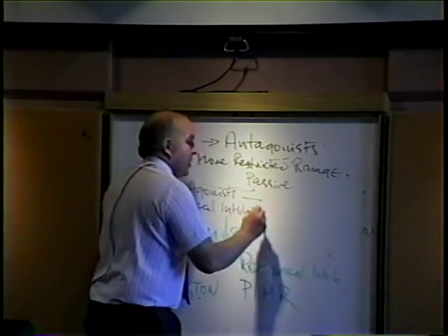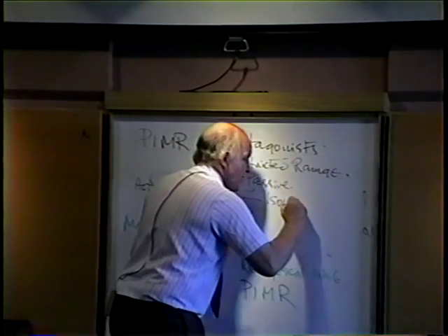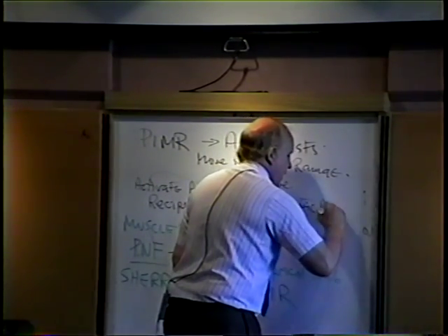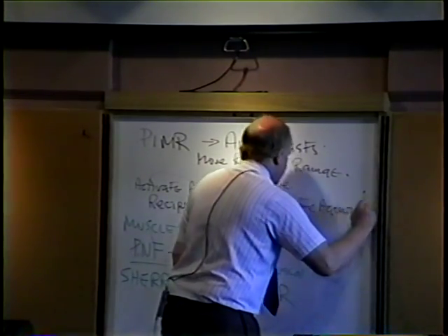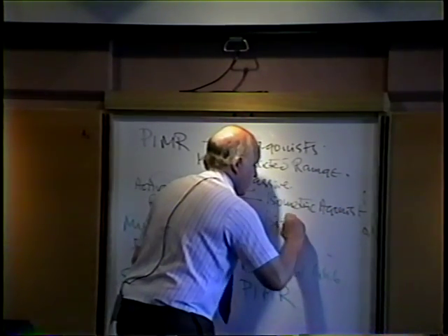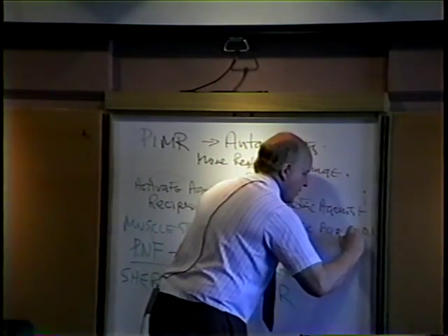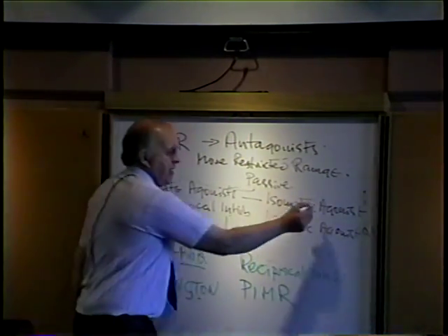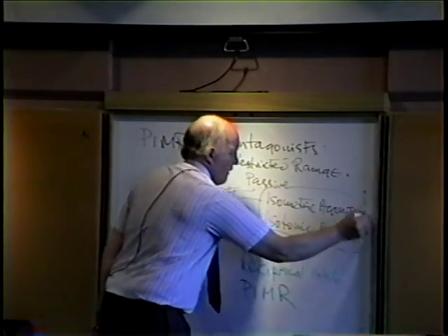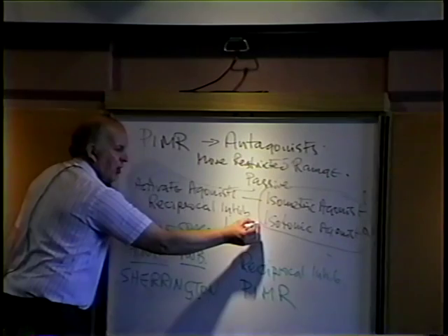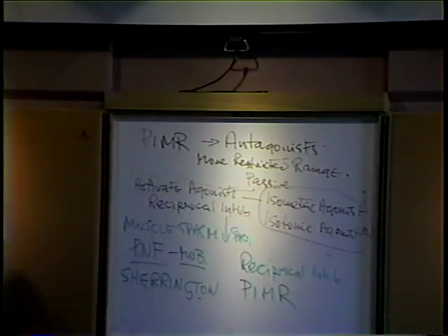Two ways. We can either do an isometric agonistic correction or an isotonic agonistic correction. Both of these are dependent upon the principles of reciprocal inhibition.